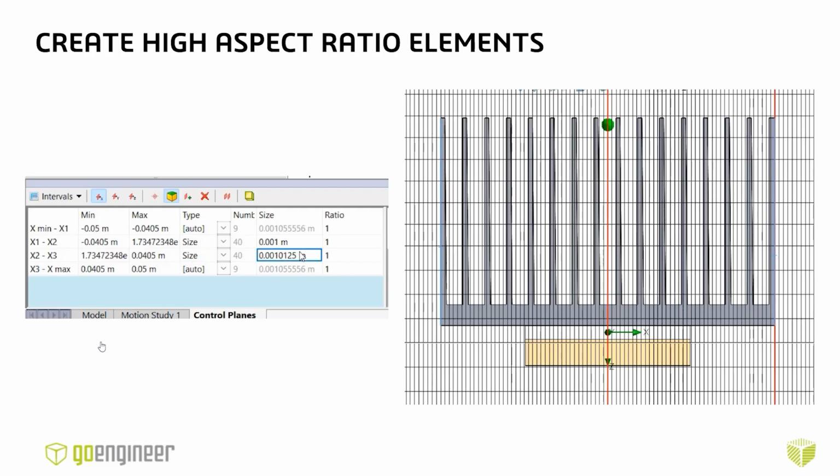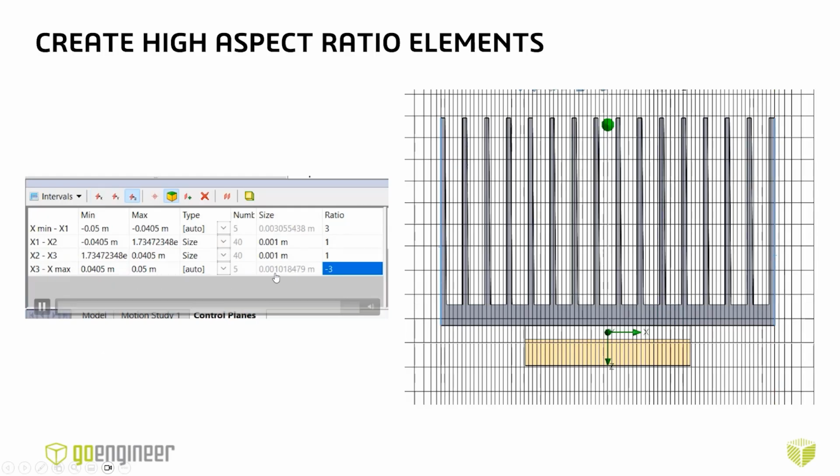That's what I'm setting here, 0.001. Now the ratio that I'm doing around this, you can see that extends the cells before and after those planes and tries to stretch them back into a cube shape. So it's increasing the ratio between the thin cell to the large cell.